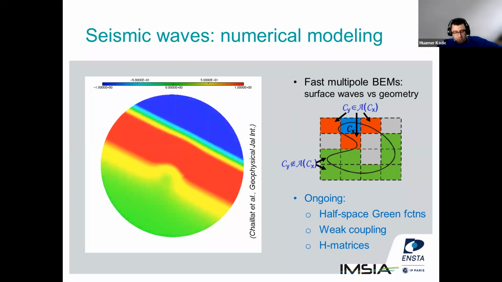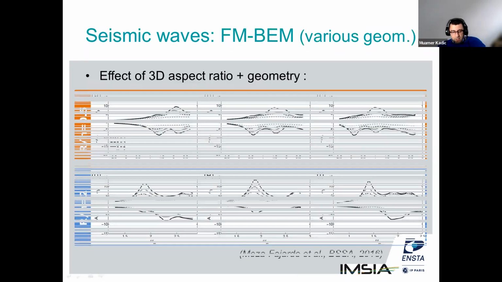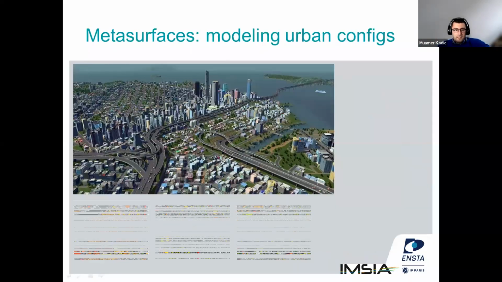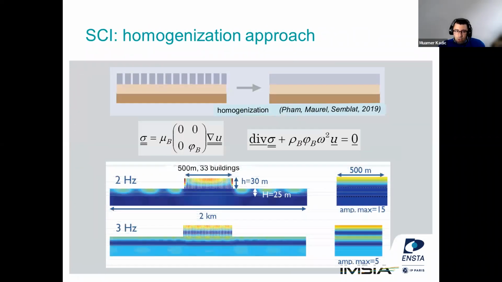So Jean-François, that was the last slide of part 2, just before starting. You were talking about this homogenization of the pillars. I was just wondering, you said you homogenize this and you have an effective layer. These are the pillars that you have on the surface.